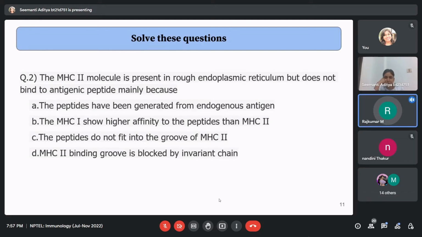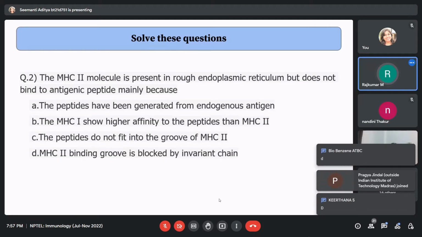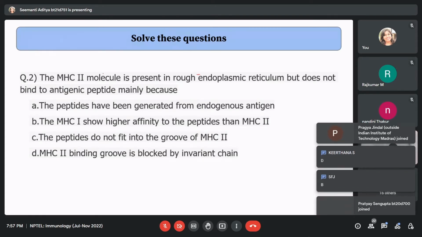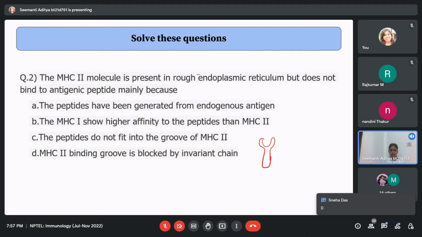Ma'am, C option, ma'am. No. So what is the MHC class 2 molecule initially bound to when it is being synthesized? What is present over here?